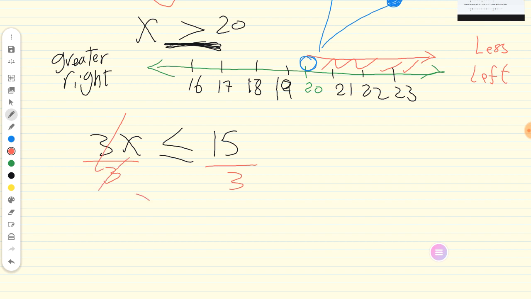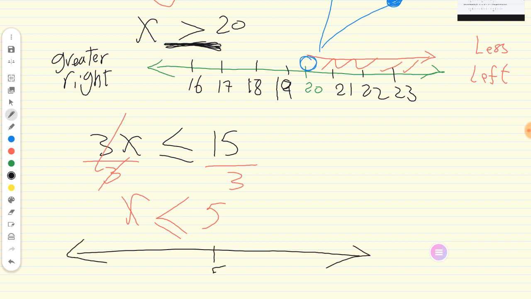Now I have x less than or equal to 5. Drawing it on the number line, put 5 in the middle, greater 6, 7, 8, on the other side 4, 3, 2, and so on. We'll put the circle over 5, and it will be closed because we have the equal sign.